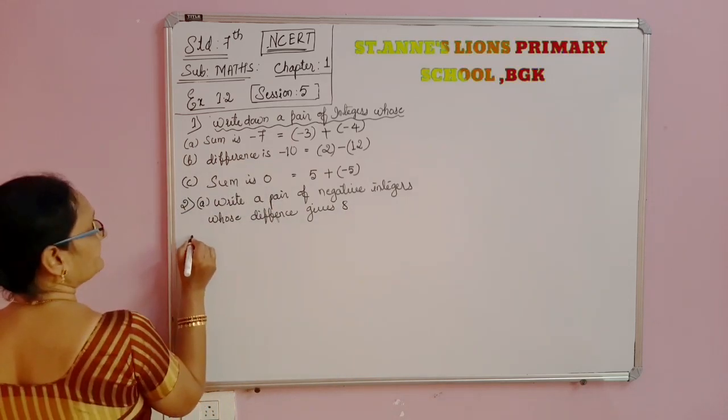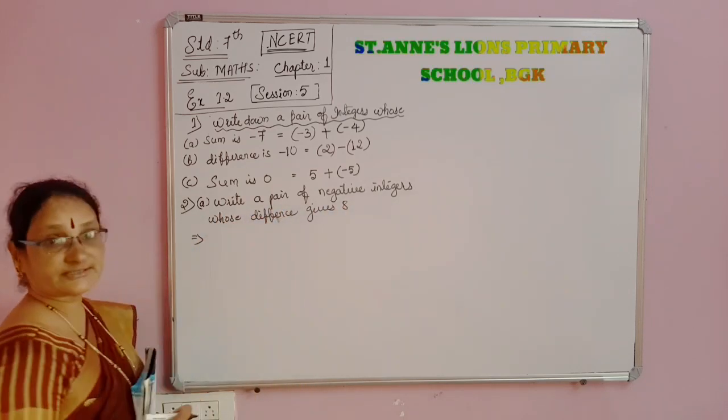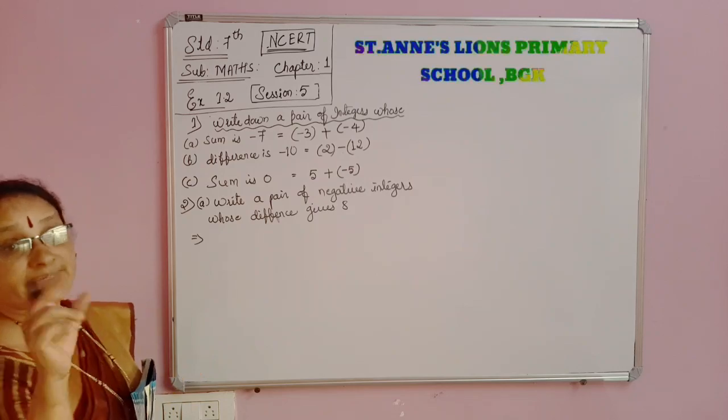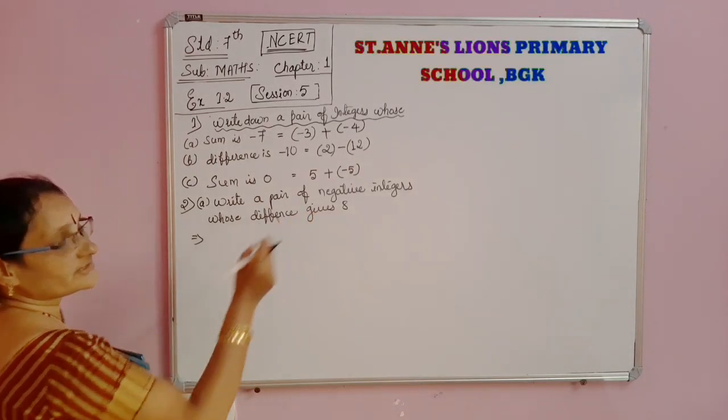Okay, here see, write a pair of negative integers. Here we have to take both negative, and one more condition: whose difference gives 8.